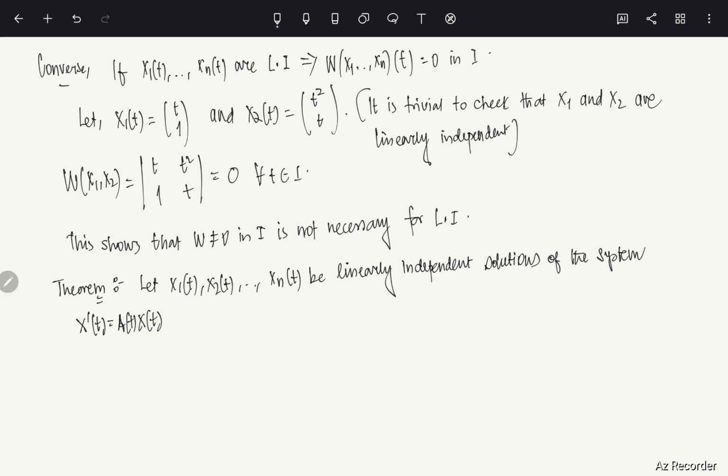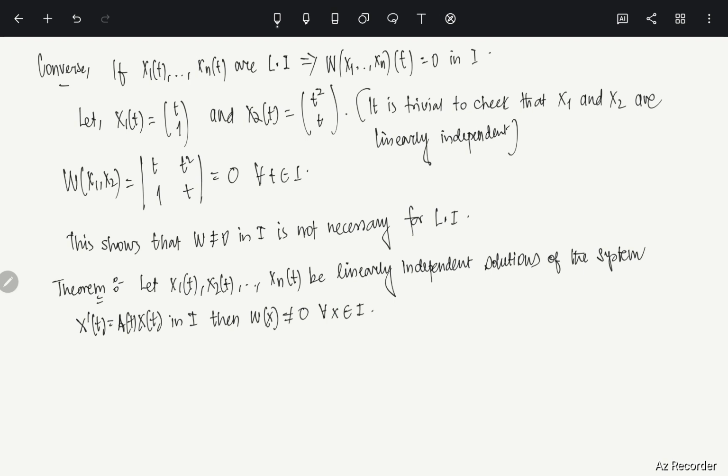So if they are linearly independent solutions of a homogeneous system in I, then you can guarantee that the Wronskian will be non-zero for all t in I. Yes, I hope this is clear.